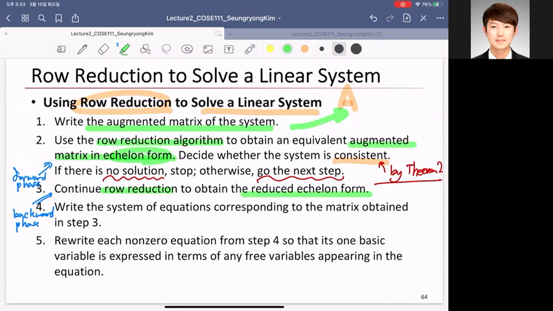Write the system of equations corresponding to the matrix obtained in REF form, and rewrite each non-zero equation from the previous step so that each basic variable is expressed in terms of any free variable appearing in the equation, which was called the parametric description.